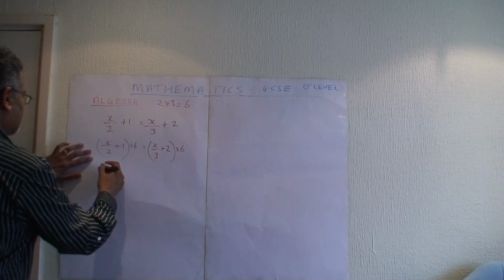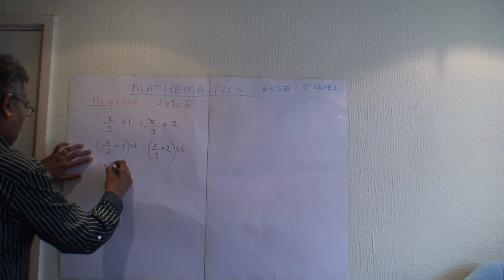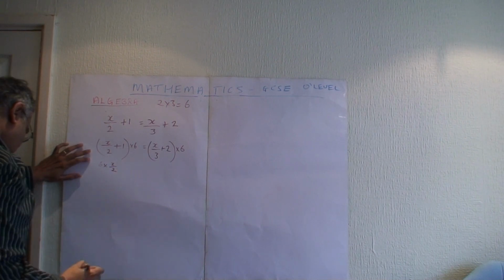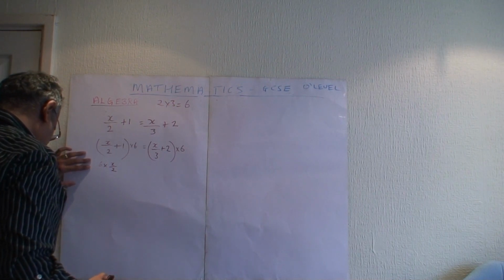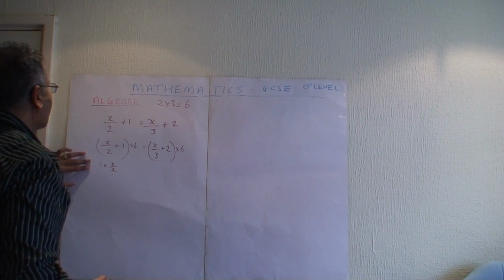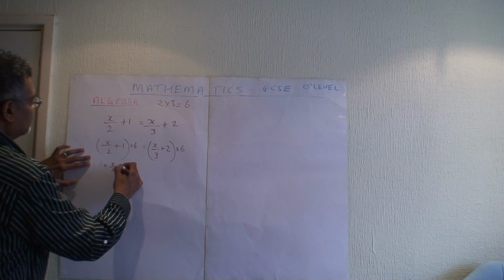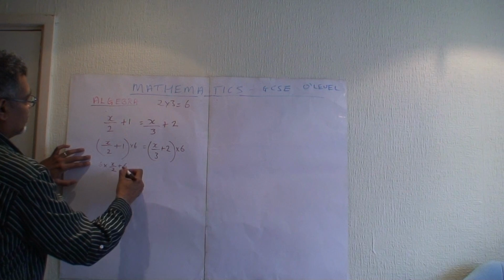So we say 6 multiplied by x over 2, plus 1 multiplied by 6 is 6.